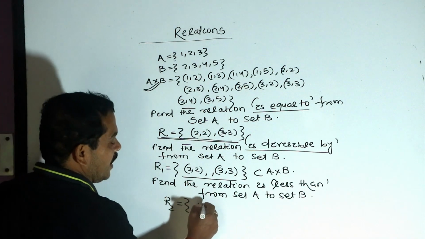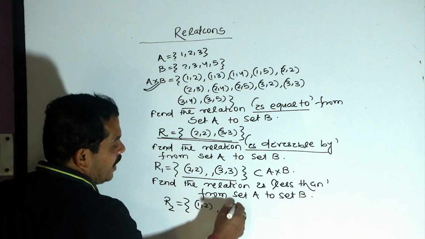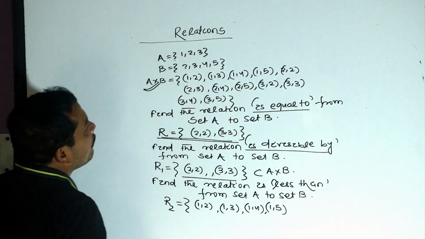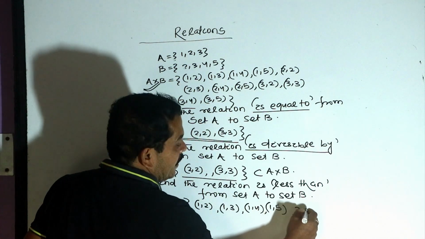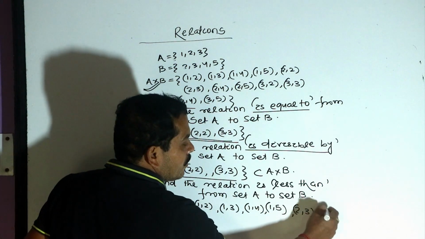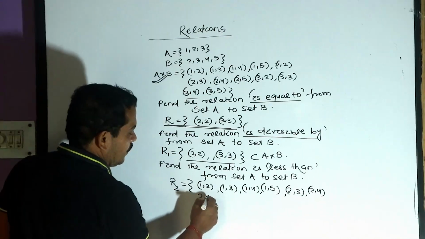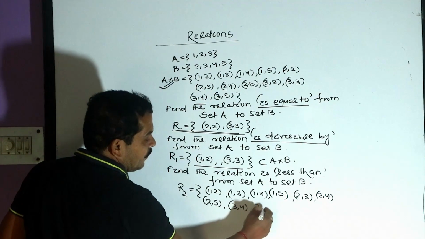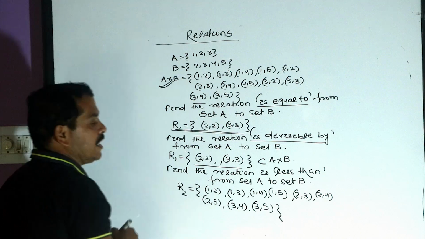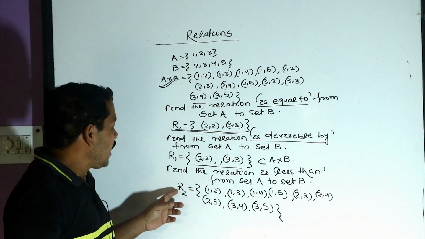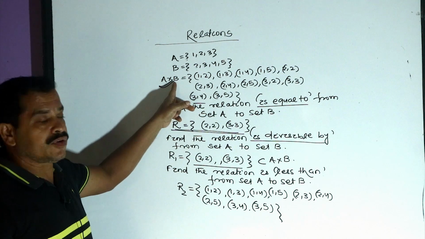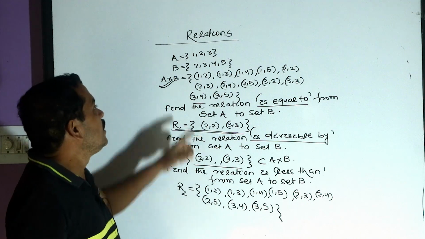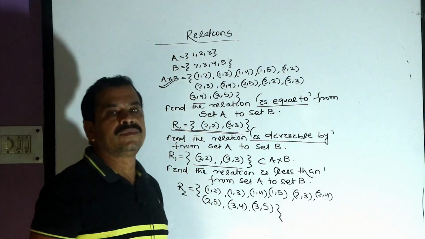Then here the elements are (1,2), (1,3), (1,4), (1,5), (2,3), (2,4), (2,5), (3,4), (3,5). These are the elements of this relation. But the elements of R2 are also a subset of A cross B. That means any relation from set A to set B is a subset of A cross B.